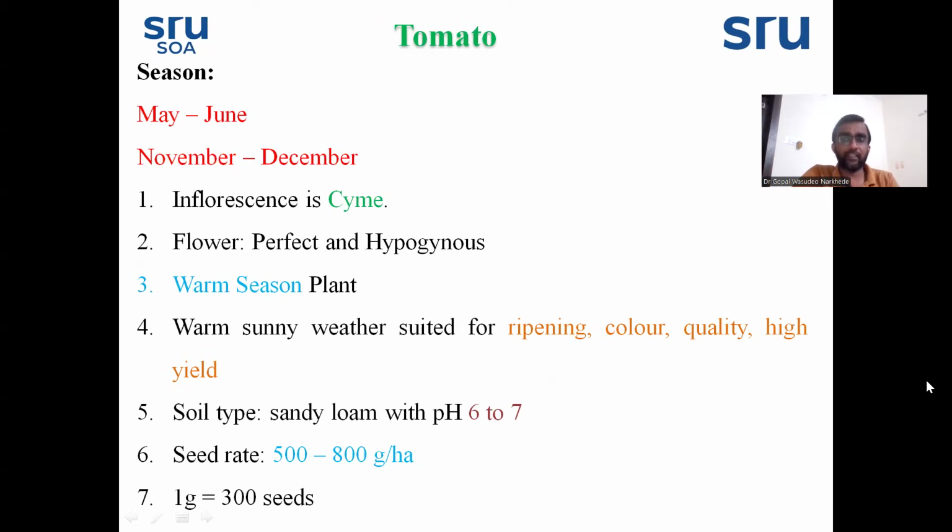Warm sunny weather is very well suited for ripening, color development, quality and high yield as far as tomato is concerned. Then soil type: sandy loam soil with pH 6 to 7 is suitable for tomato. Seed rate 500 to 800 gram per hectare. So how many seeds will be there in 1 gram? We have already seen, that is 250 to 330, on an average 300 seeds.